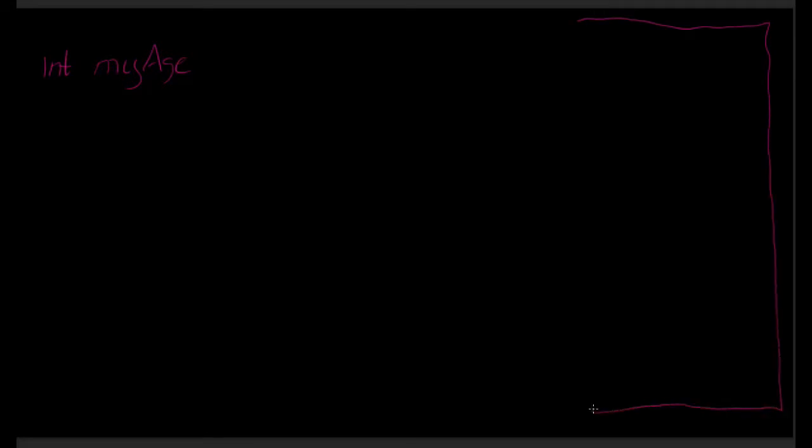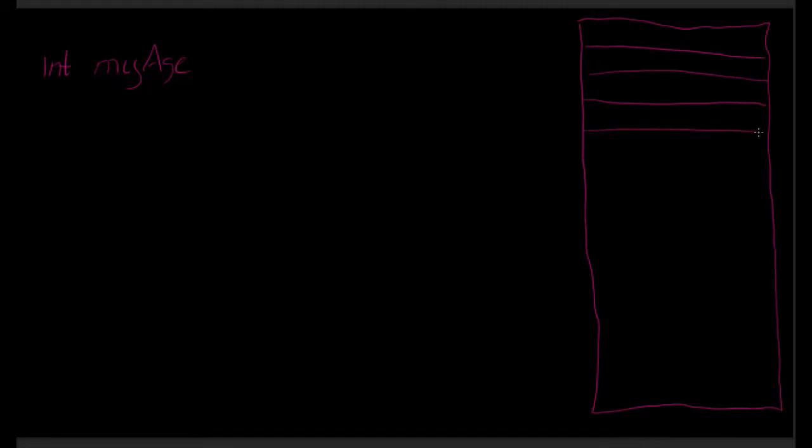Let's go 1, 2, 3, 4, 5, 6, 7, 8. Hopefully we can get 8 across, because that's generally what your bytes are. So this, for example, is our little chunk of memory.